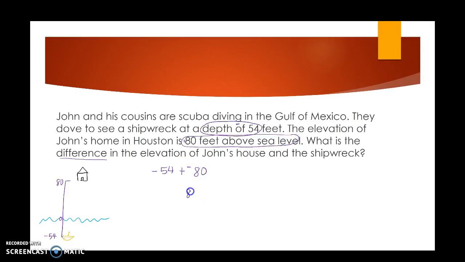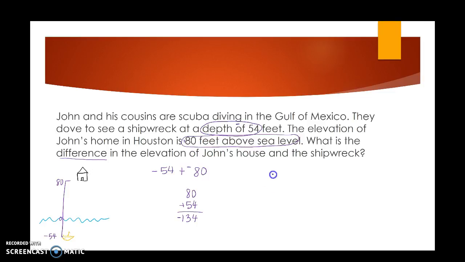So now I'm adding 80 plus 54, so I have 134, and I look at it and I say, okay, they have the same sign, so I keep my sign, but wait. Let me look at the problem again. It says they dove to see the shipwreck, negative 54 feet versus 80 feet above sea level. What is the difference?